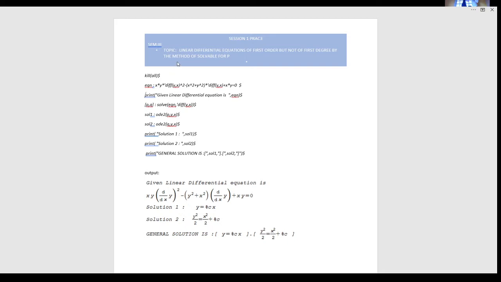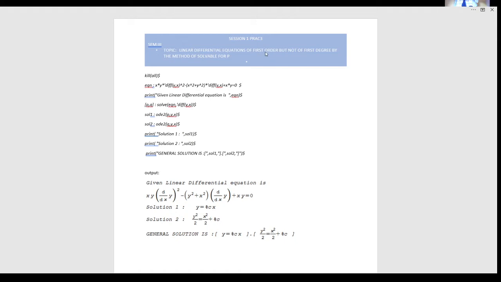Right, students, we already know that a differential equation is an equation which contains some functions and the derivative which relates with the function. A linear differential equation means the function is of polynomial type containing derivatives of first order.